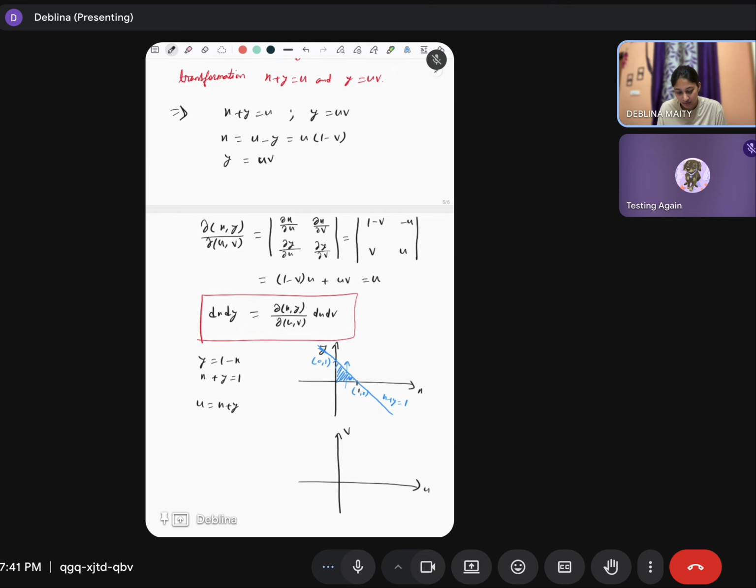All these lines are x plus y equals some constant c. So at this point x plus y equals 0, and here it is 1. So u runs from 0 to 1.